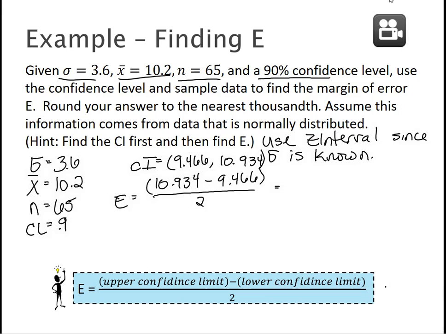The way this should look is your 10.934 minus 9.466 in parentheses in your calculator, and then divide by 2. When I do that in my calculator, I get 0.734.